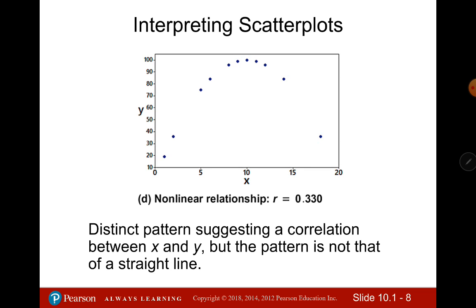Remember, we only focus on the linear correlation between X and Y. This one has a correlation between X and Y, but the correlation is nonlinear. So we will say it's nonlinear correlation. And we will realize the R value is not high.